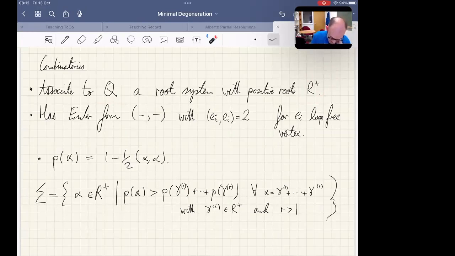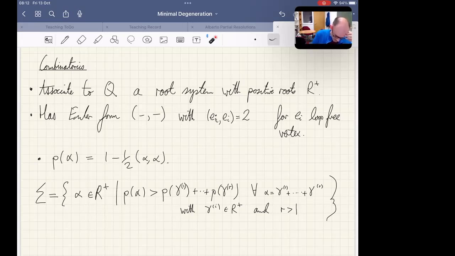The only thing we really need to know is that you have an Euler pairing, an Euler form on this root system, so that when you pair simple real roots, you get 2. And from that, you can define a certain quadratic form, this p(alpha), which is just 1 minus a half the Euler pairing of alpha with itself.